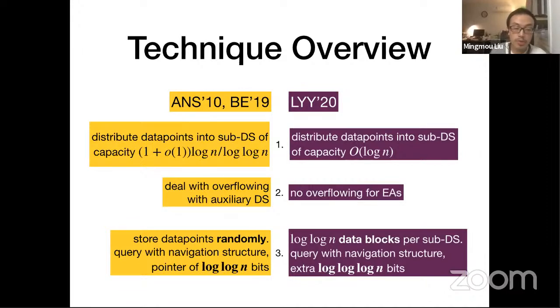We group the data points into log n groups. Every group is stored in order. We name the tiny structure a data block. For a data point, all we need is the index of the data block together with some in-block information. To summarize, we spend at most extra log n bits on every data point.